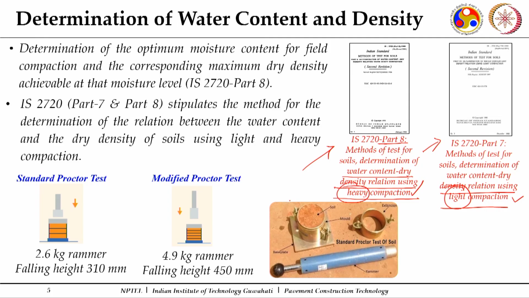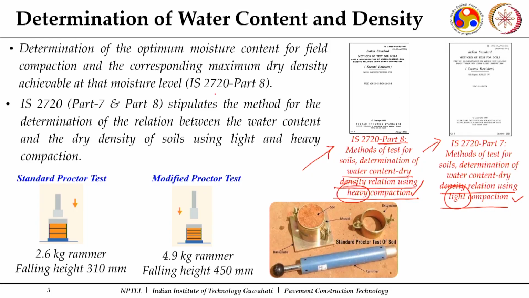So, it is the compactive effort in which Part 8 and Part 7 mainly differ. This test helps us to determine the optimum moisture content and corresponding maximum dry density. For most of the highways, we look for the determination of optimum moisture content and maximum dry density as per heavy compaction. It stipulates the method for the determination of the relationship between the water content and the dry density of soils using light and heavy compaction.